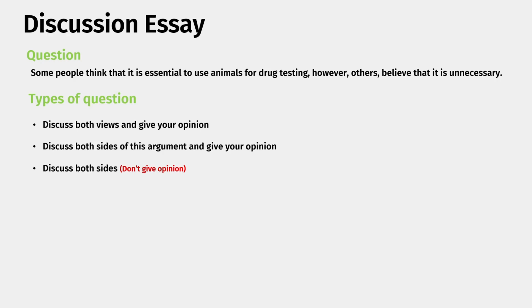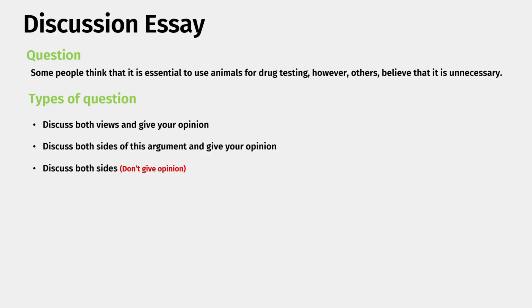This is the one method to identify the essay type. The second method is to pay attention to the first one-liner of your question. If it has two different opinions, like some people believe something and another set of people believe just the opposite, that means it's a discussion essay.